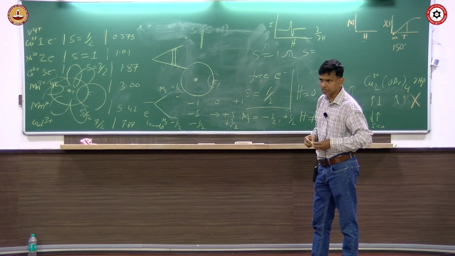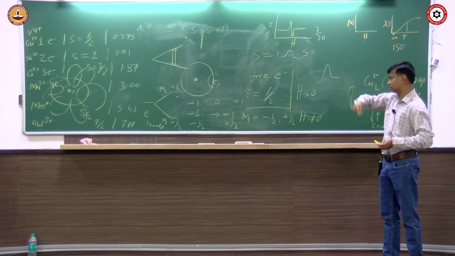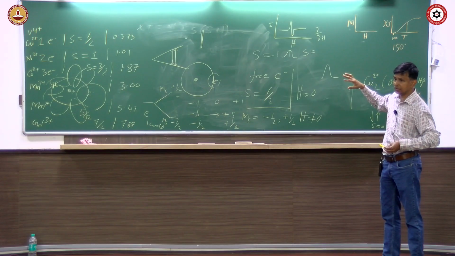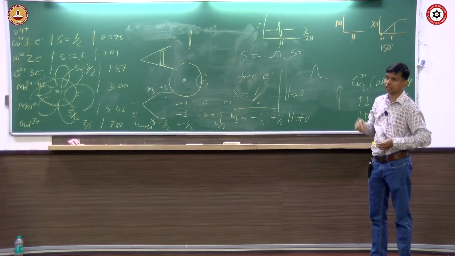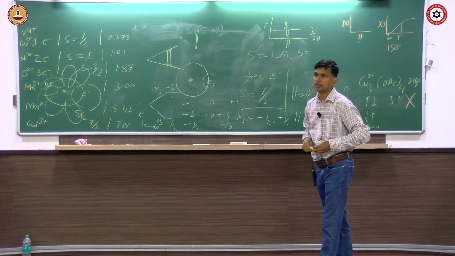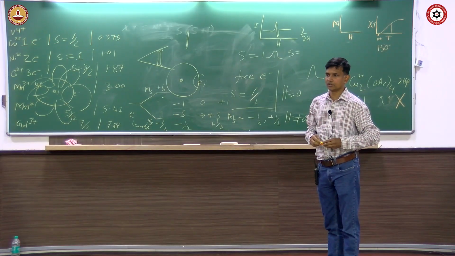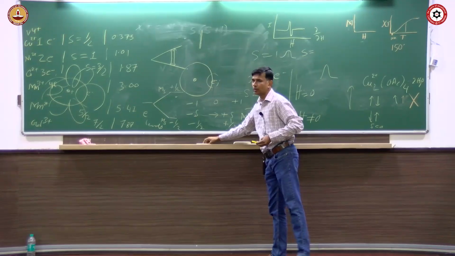Why do you take the derivative? You can also take the shape itself, but when you take the derivative, we get multiple features, and there we can speak about the hyperfine energy levels. In NMR we are not dealing with hyperfine energy levels. This is the aim of EPR spectroscopy.